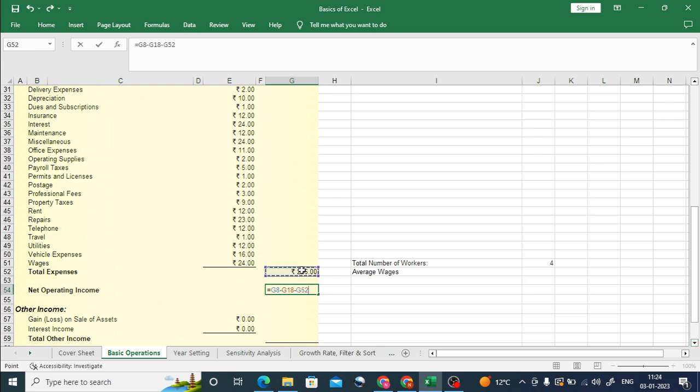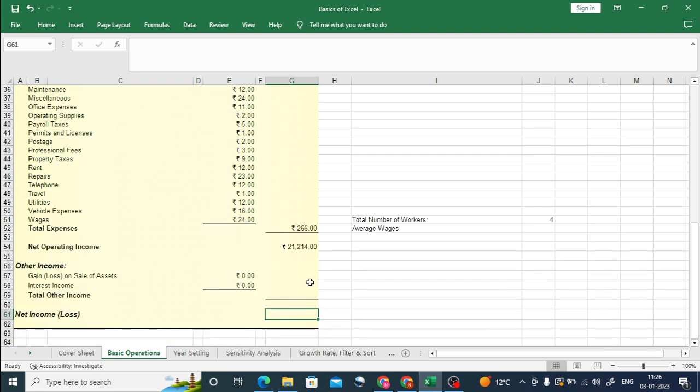So simply select the cell, hit is equal to. So here we have the net operating income, which is 21,214 rupees. So as we can see, we have calculated the net operating income, which is 21,214 rupees.